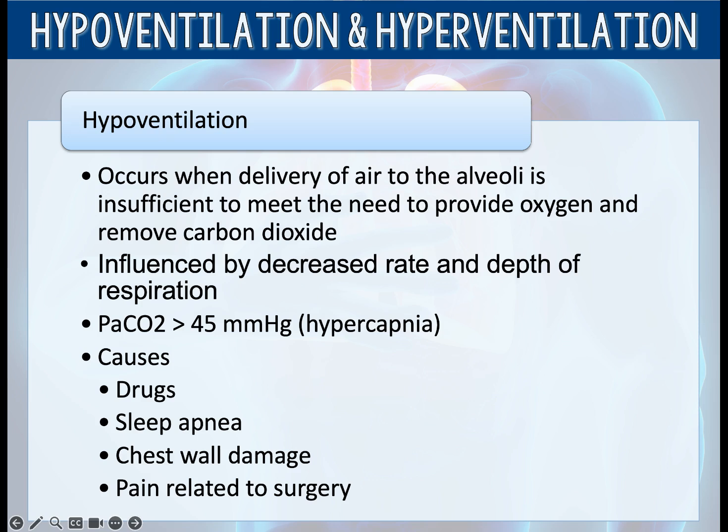In a trauma situation, the chest wall is damaged and can't move much, or it's damaged enough that the patient can't take deep breaths or is not breathing enough. Any kind of pain related to surgery can also cause it. Imagine when you get hit in the ribs and you don't want to breathe because it's so painful, right? So that can also cause hypoventilation.